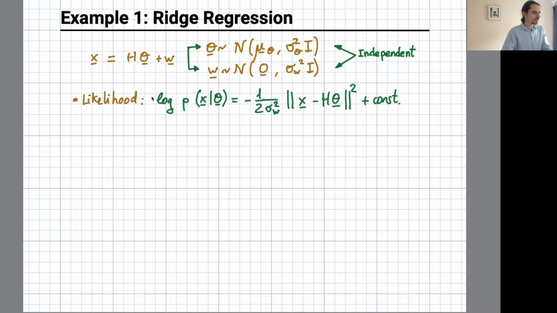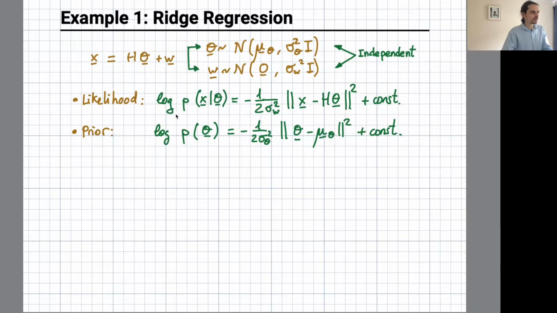So the log likelihood can be found as in previous lectures. Remember that the conditional PDF of x given theta is given by the exponential of this term divided by a constant, and therefore when we take logs, we arrive at something like this. This is a constant because it doesn't depend on theta, which is our optimization variable.